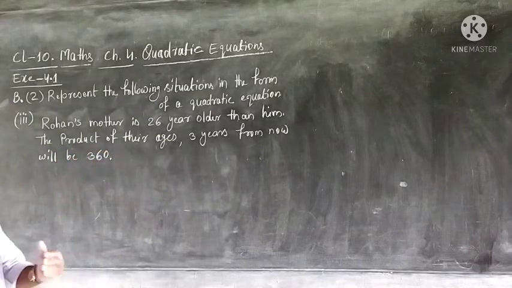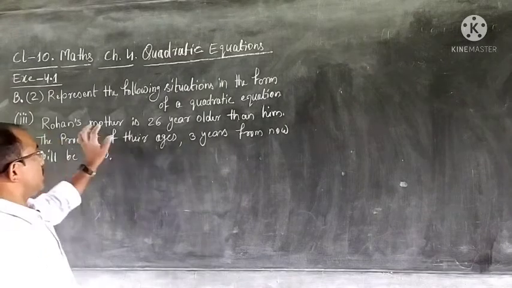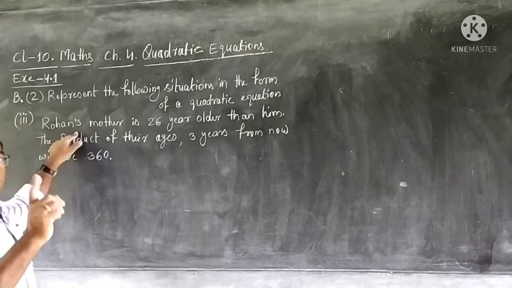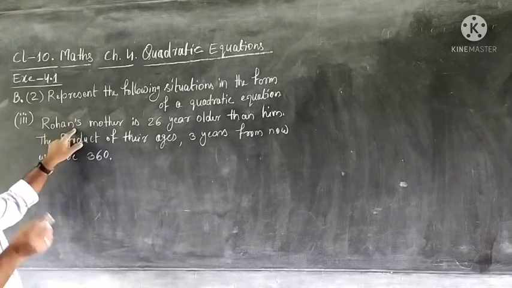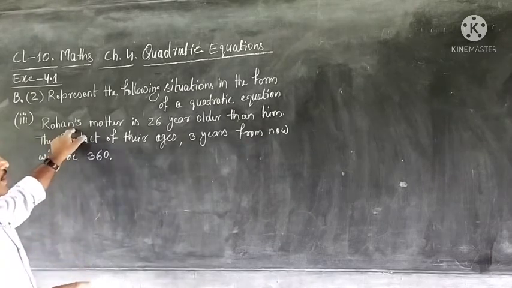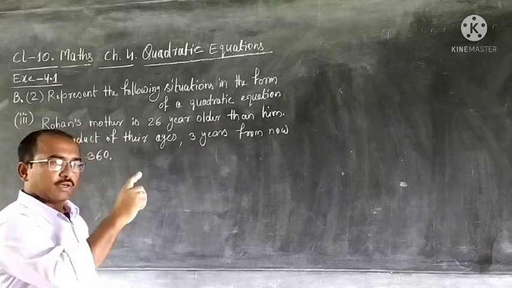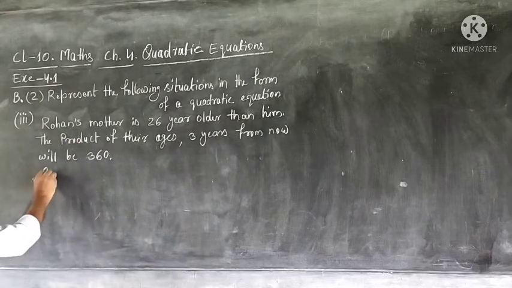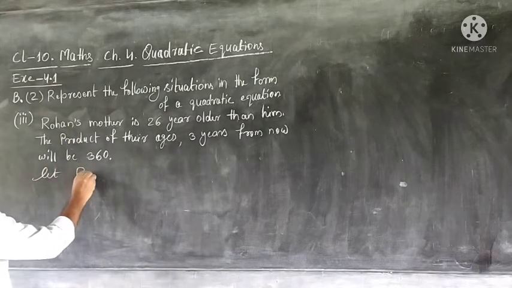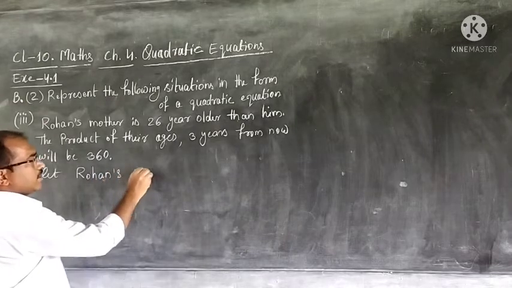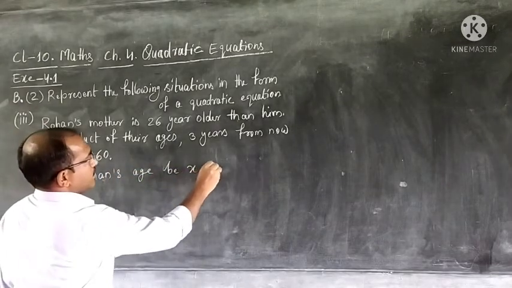So, what will Rohan's age be? Who is this said about? This sentence is about Rohan's mother, not about Rohan. What is said about his mother's age? Mother is 26 years older than him. Who is him? Rohan. So we start: let Rohan's age be x years.